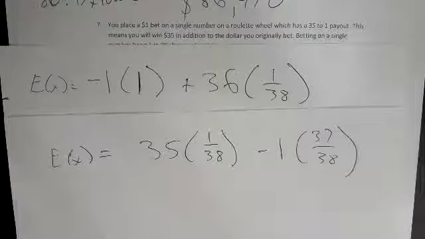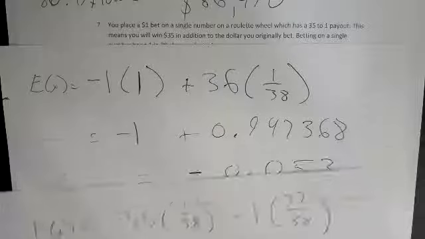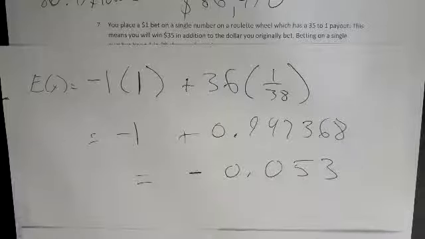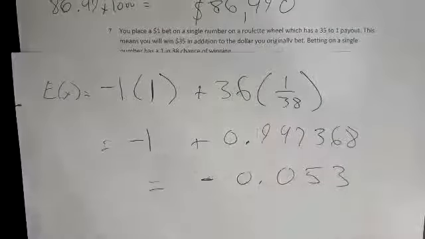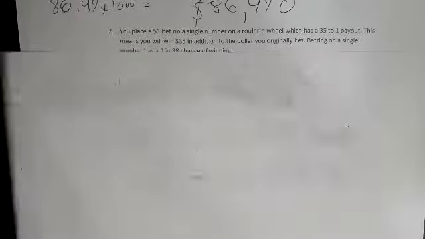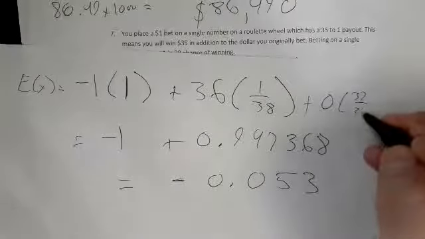So you have to do it one way or the other. I'm really hesitant to show you this because now you're just going to confuse the two ways, but hopefully not. If you account for the dollar that you get taken out, you have to put the dollar back in, right? 36. And we could also think about maybe we're going to win $0 37 out of the 38 times here.